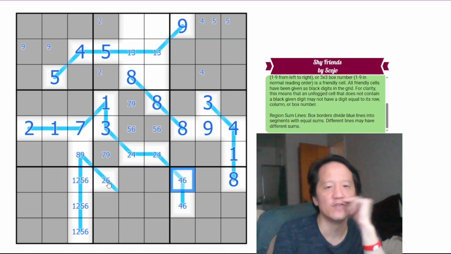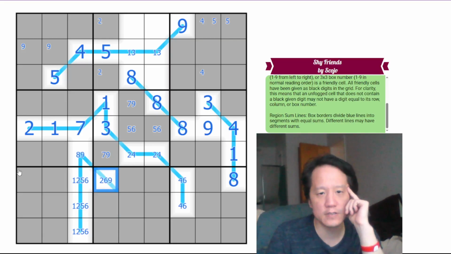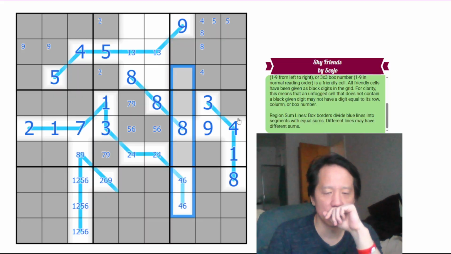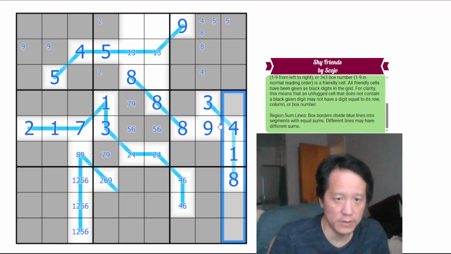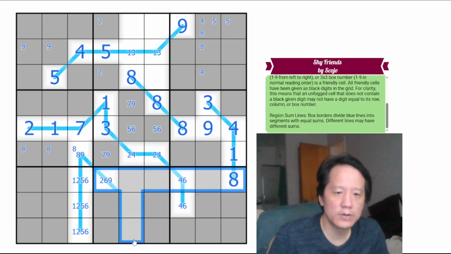Can't be 9. Oh, so 8 in column 8 has to be one of these two cells because of the 8 already in column 7 and column 9. 8 has to be one of these three. 8 can't be here, here, or here, so 8 must be one of these two digits.